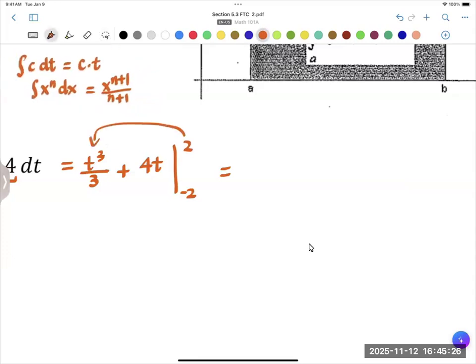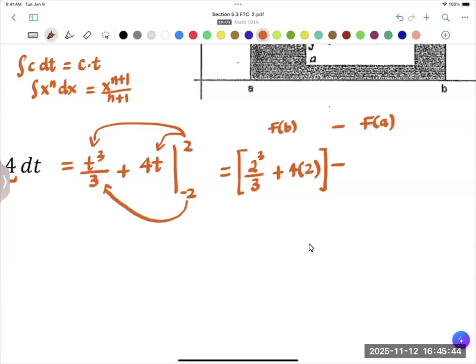So we have 2 to the power 3 over 3 plus 4 times 2. Okay, this is my F(b). And then we need to minus F(a). What is F(a)? We're going to put -2 into the t. So we have (-2) cubed over 3 plus 4 times -2. Okay, so this is my F(b) minus F(a).